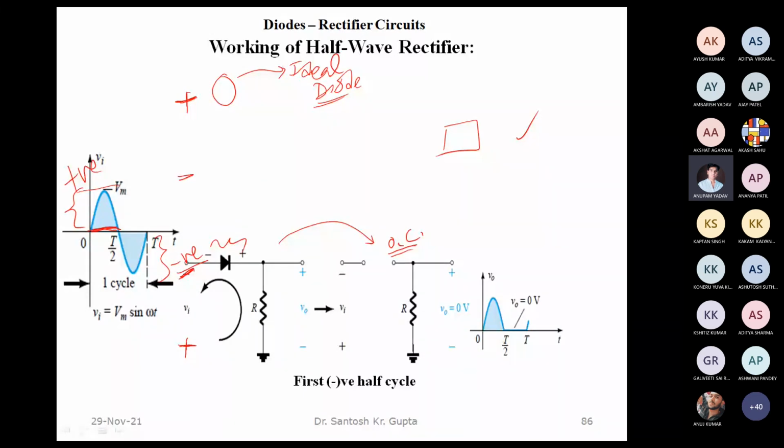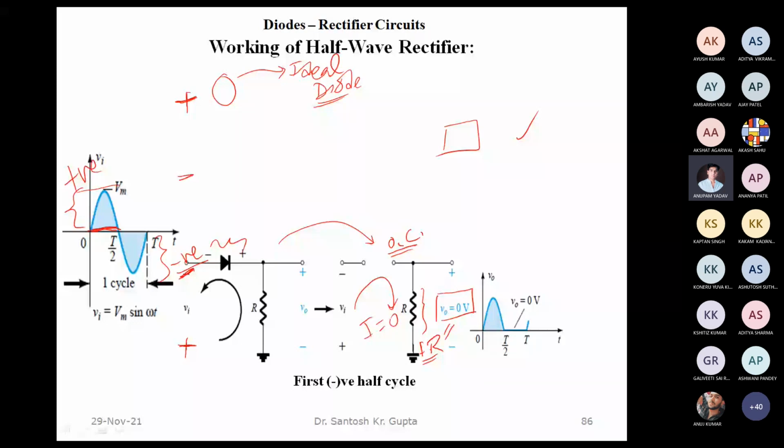And when this is open circuit, there is no current, and when there is no current, the voltage drop across this resistance, that is I times R, will be 0, and so the output voltage is 0 volt.